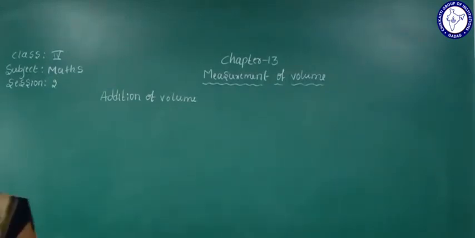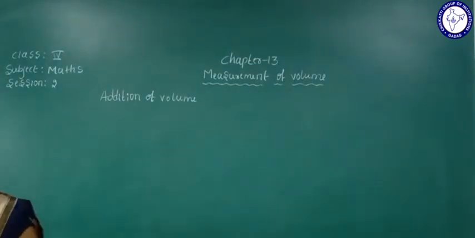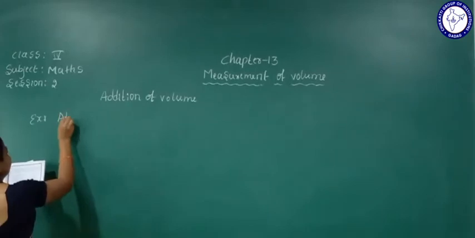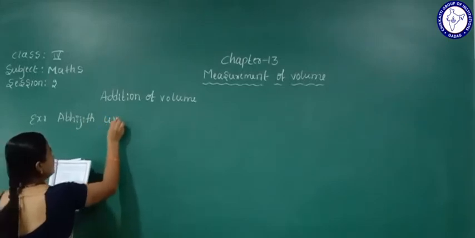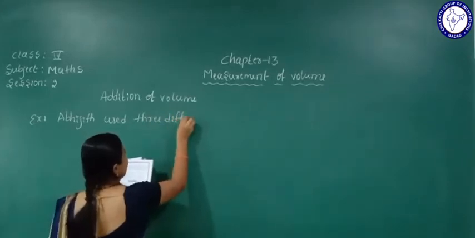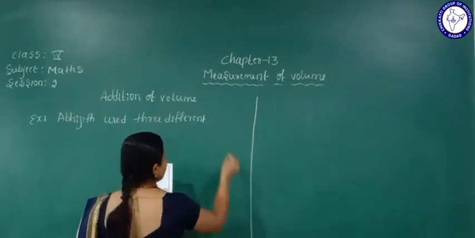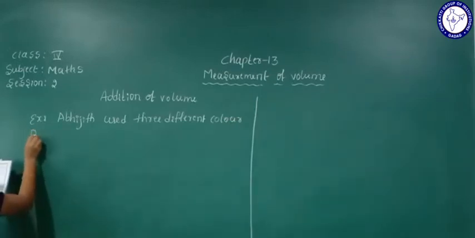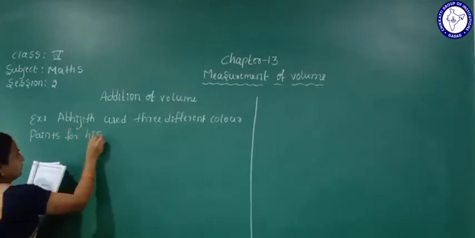In this addition of volume, they have given the first example. Abhijit used three different color paints for his house.